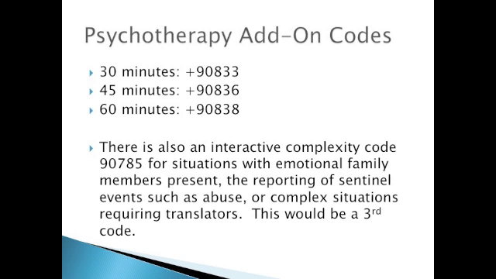I'm not sure that's a valid use of it. And if you use an interactive complexity code, that would be a 3rd code added on to the E&M code plus the psychotherapy code.